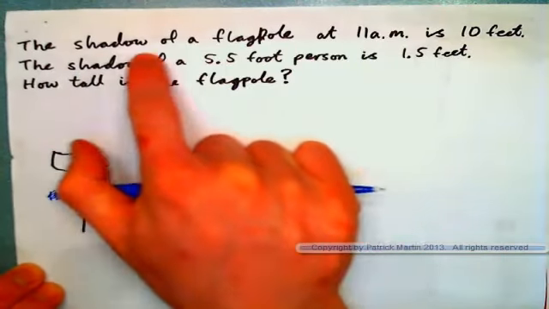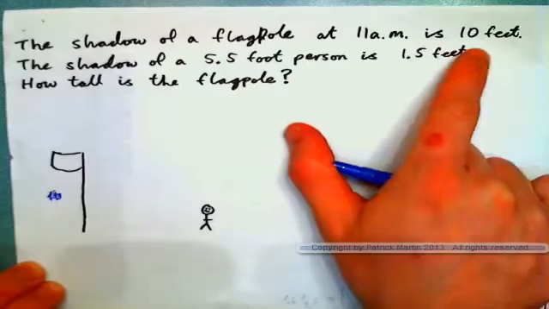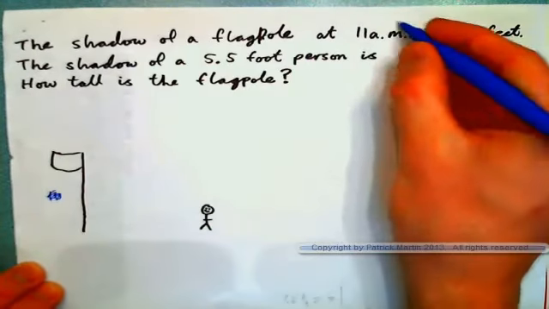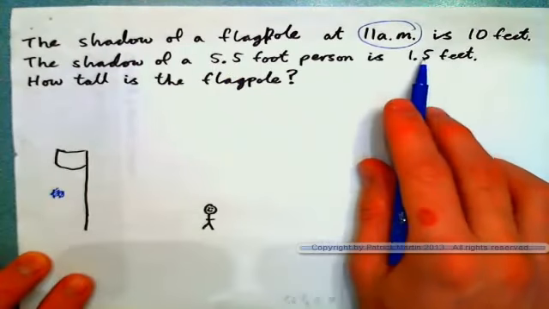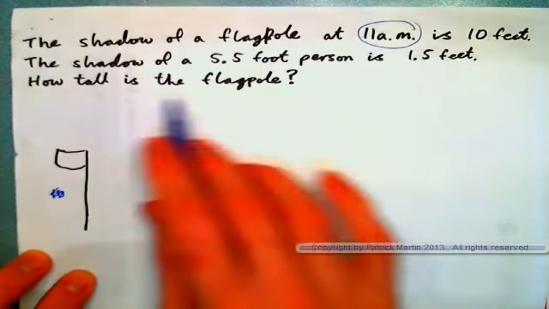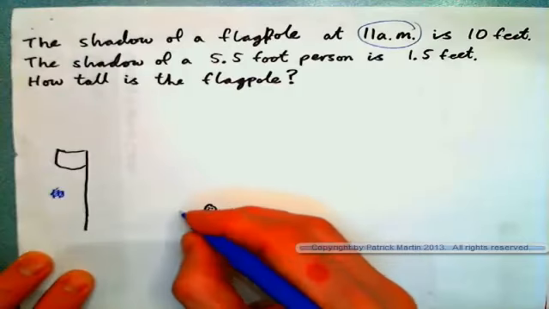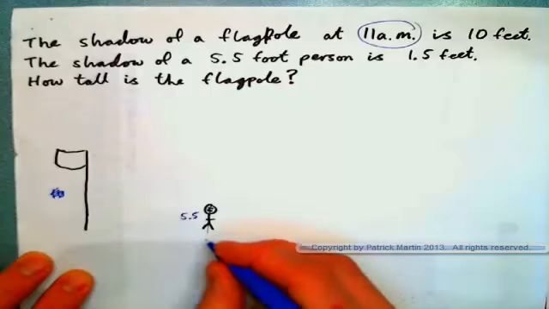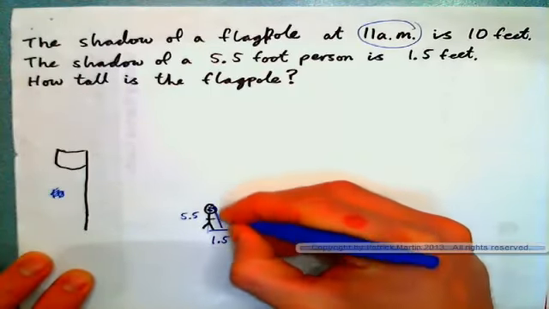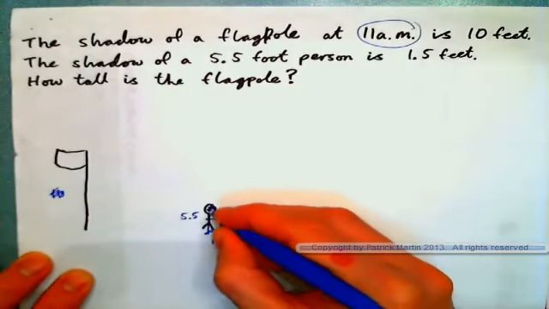Okay, so the shadow of a flagpole is 10 feet, and that's at 11 a.m. The shadow of a 5.5 foot person is 1.5 feet. How tall is the flagpole? So the person is 5.5 feet tall, and their shadow is only 1.5 feet long. So it looks a bit like that.